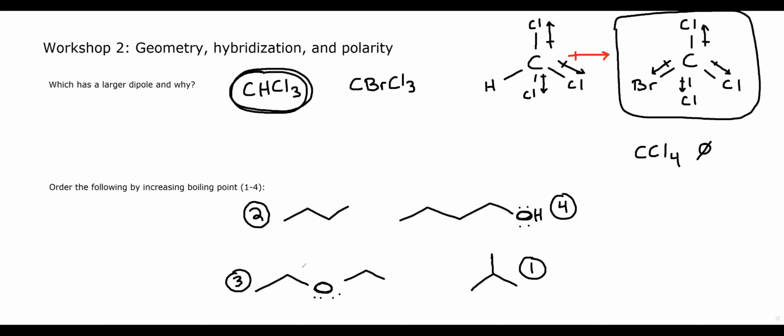It only has a dipole towards oxygen. Now this will increase the intermolecular forces. It increases the molecular stickiness, but OH bonds and NH bonds are just much stronger. So our lowest boiler will be this t-butane, followed by butane, followed by diethyl ether, followed by butanol.